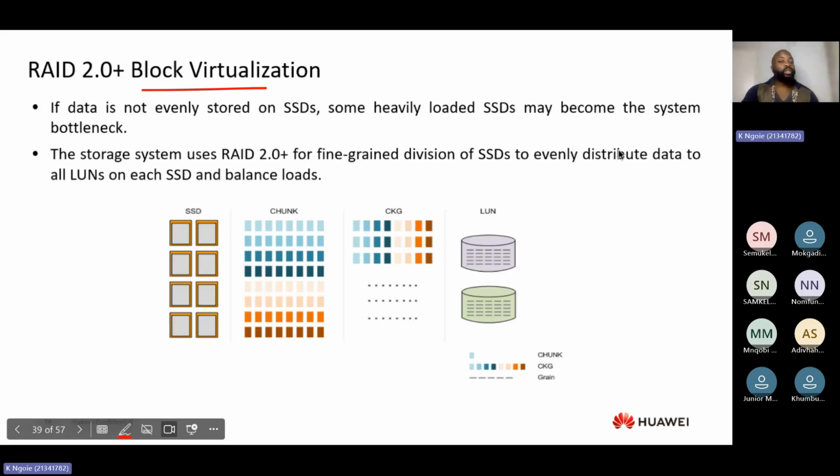So you need to understand here the storage system will use 2.0 plus to distribute the data across all the LUNs. So the LUN is the logical unit. The LUNs are what you have on your computer. For example, if you open your computer, you can see you have the disk.